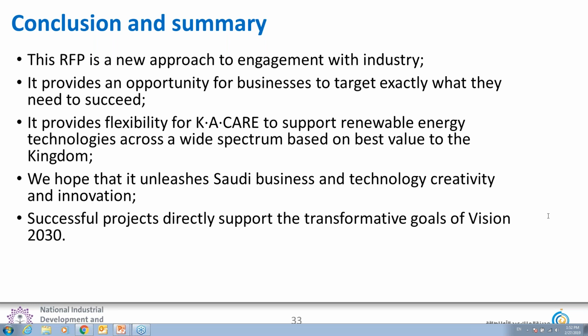We have no set upper limit to the number of awards, but you could have inferred from one of the early charts that we hope to make at least one award in every topic area, and we might make 3 or 4 awards in many of the topic areas. So I hope that answers that question.